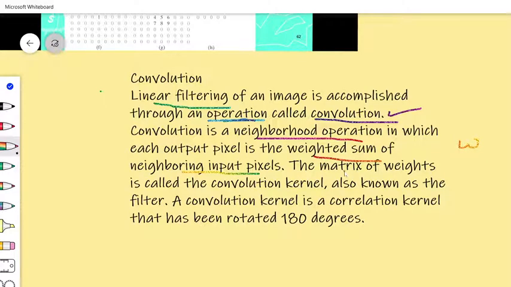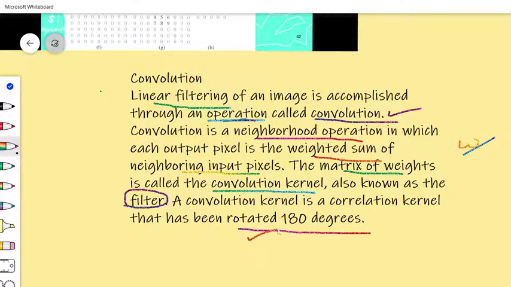The matrix of weights is called the convolution kernel. So the matrix we represented for W is the convolution kernel, and you also call it a filter. A convolution kernel is a correlation kernel that has been rotated 180 degrees.